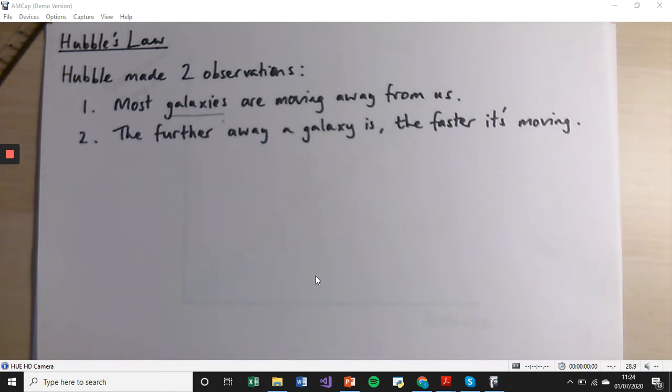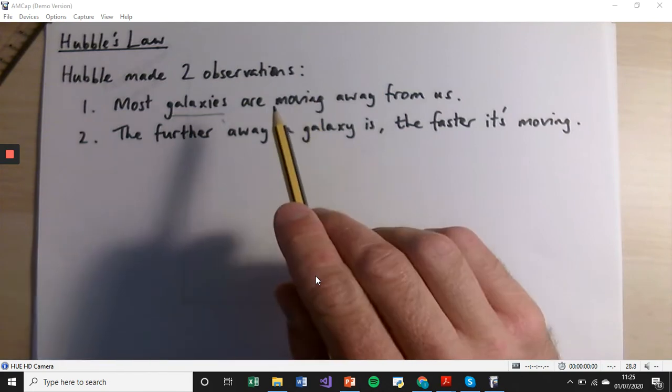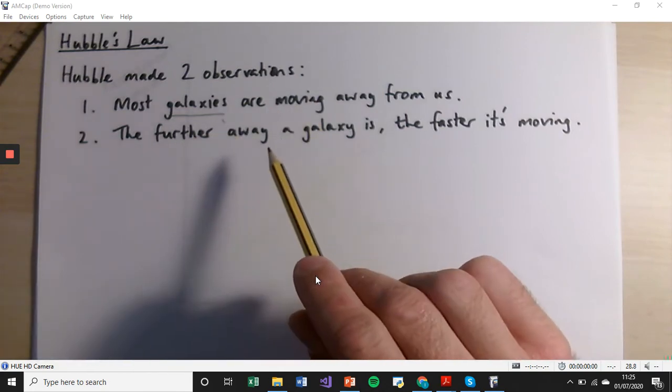But when you look at the universe, these are all moving away from us.